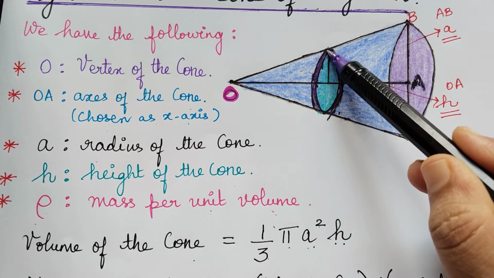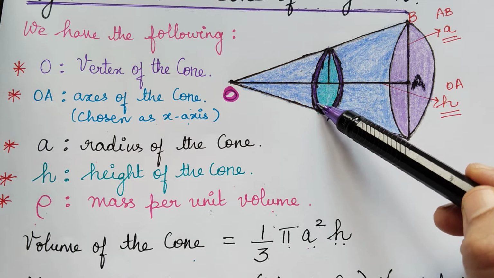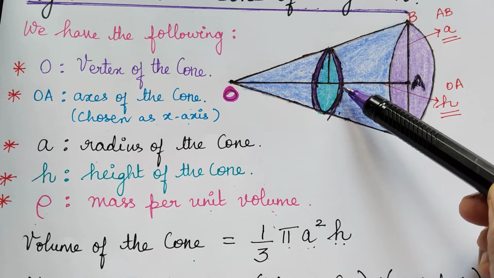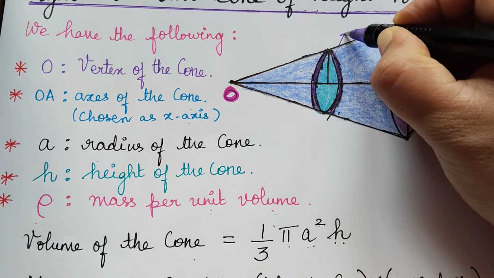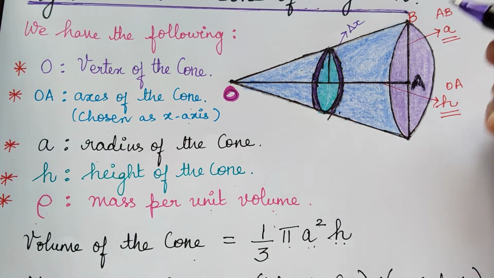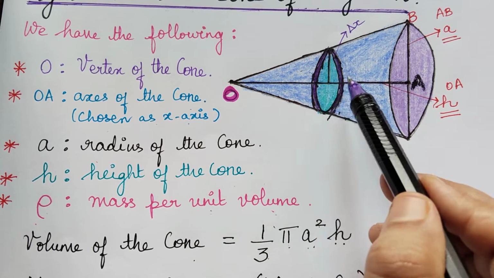One of the circular laminae is shown here. It is in the shape of a thin cylinder of very negligible height, and that height we will be taking as delta x.